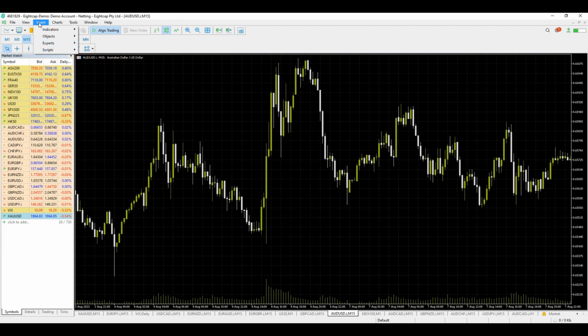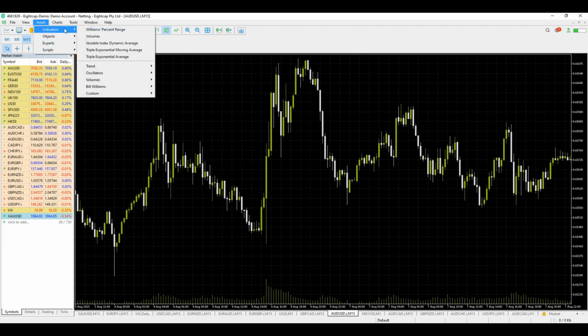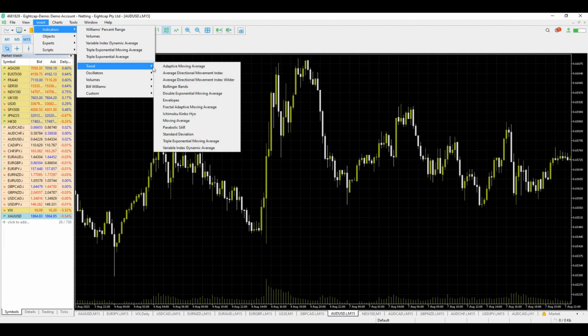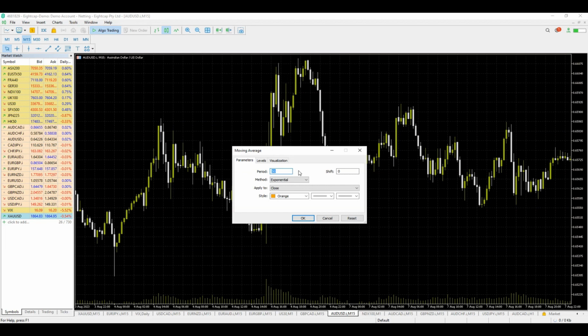So if we go to insert indicators, you open a moving average indicator. You'll see here it starts off with a simple, but we're going to use the exponential moving average. So let's start with a 200.